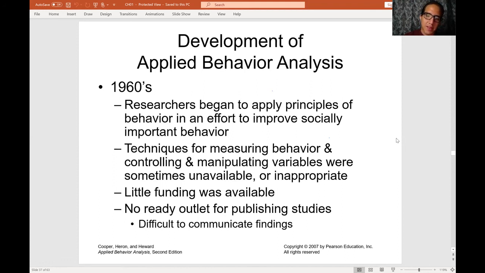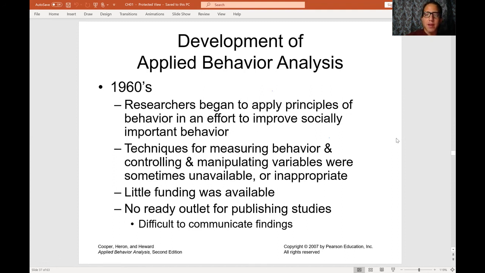So obviously the techniques for measuring the behavior and all the techniques were not as refined as they are today, right? And also we have to look at that there was little funding available, you know, and there was not an outlet for publishing studies. So it was difficult to communicate findings.